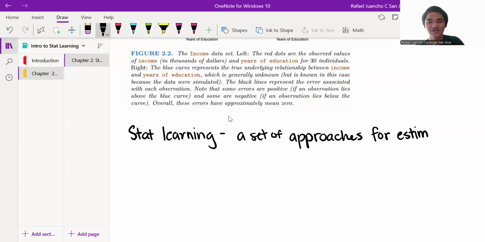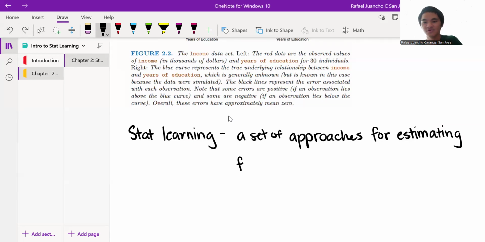And that's what we're gonna learn. What are these approaches or techniques that we can use to estimate such a function? And so we're gonna learn that throughout the book. And not only that, once we estimate f, how do we evaluate these estimates?